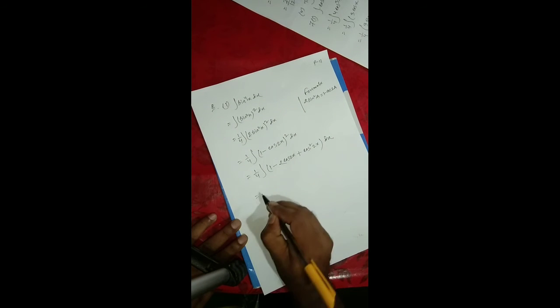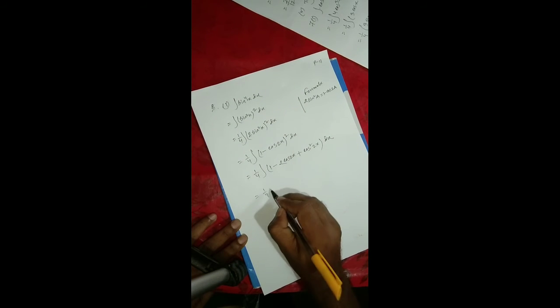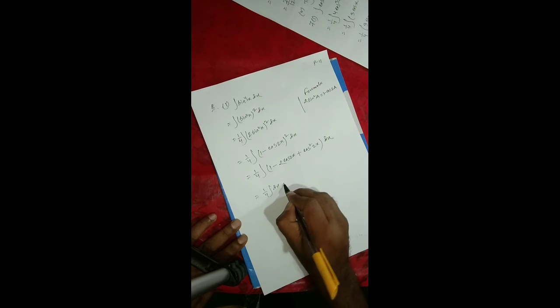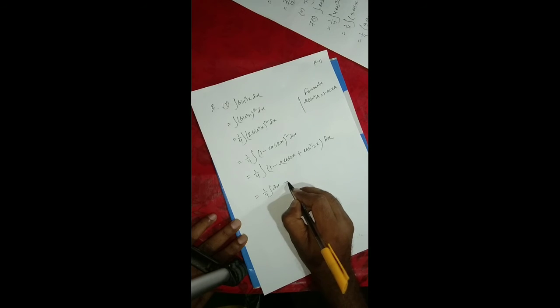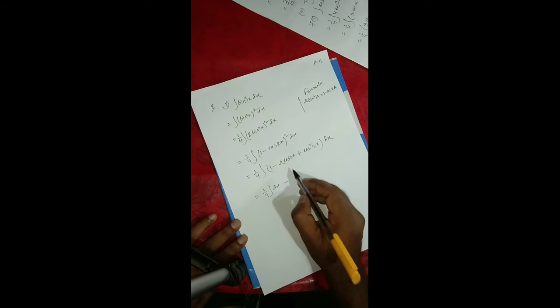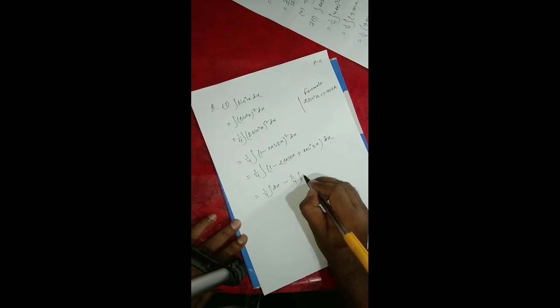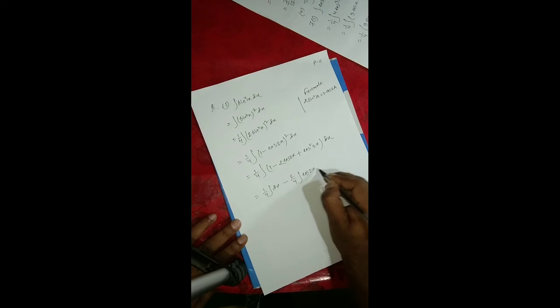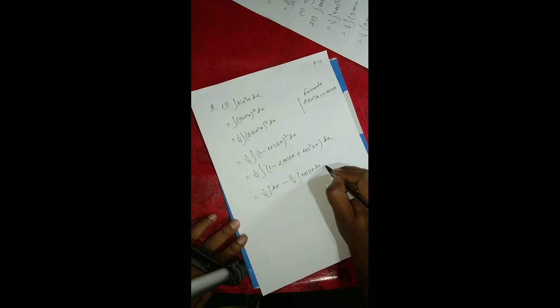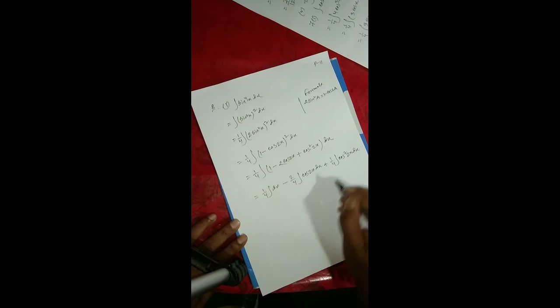Now we separate it. 1 by 4 dx minus 2 by 4 cos of 2x dx plus 1 by 4 cos square 2x dx.